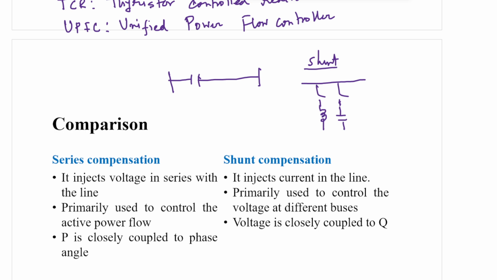So either that inductor is absorbing reactive power, or this capacitor delivers reactive power. By doing this, it can control the voltage at any bus or the subsequent bus. This is the purpose of shunt compensation. As a series and shunt compensation, if you mix them, it will do both.